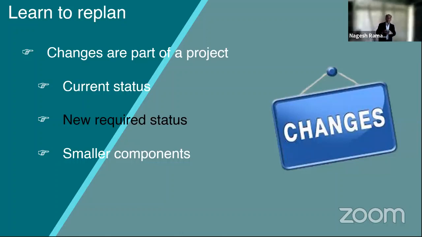Look at the current status. There is a roadblock when you're driving. What has changed? Your destination has not changed. It's only the route that has changed. Look where you are. Find out what are the other ways to reach the destination. Then divide that change, again like the previous slide, into smaller components and achieve your objective. Simple.